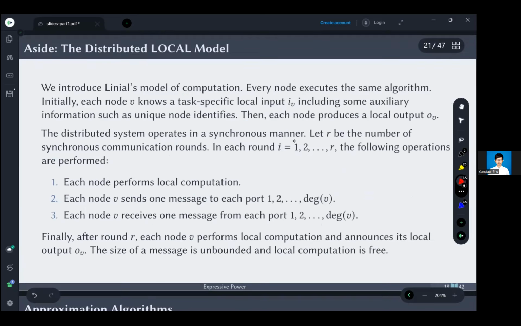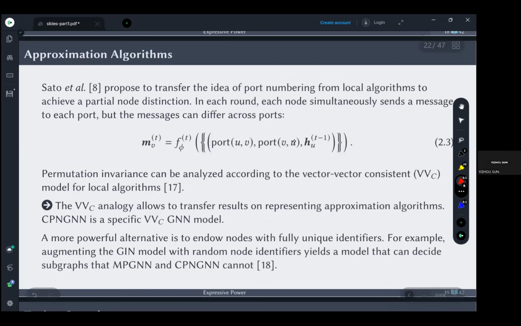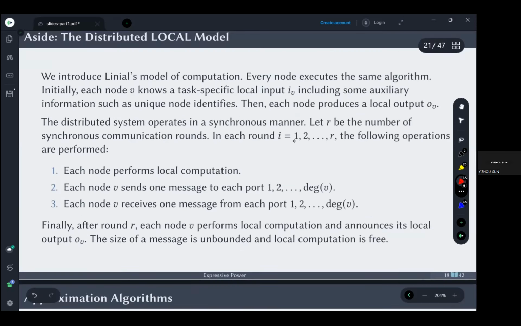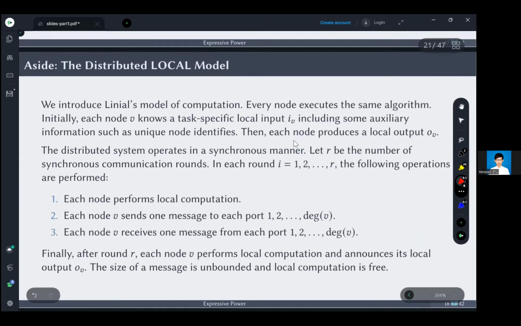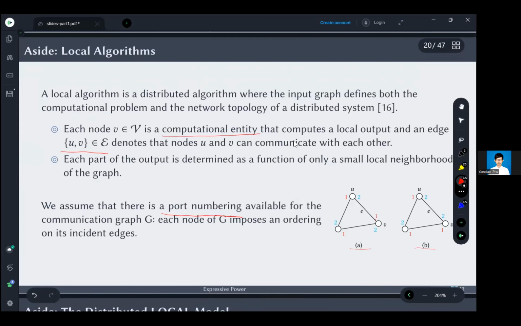Yanqiao, before you move on, can you explain more about the port idea? Like, how does it come about? I understand that, for example, if a node has degree 2, then we assign 2 ports. Is that the case? Yeah, that's right.